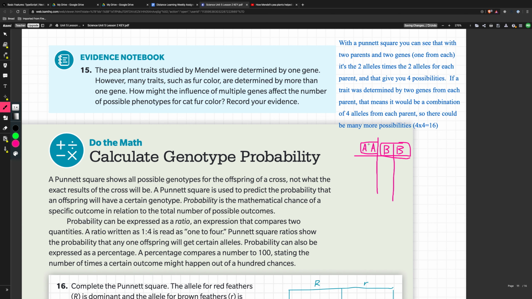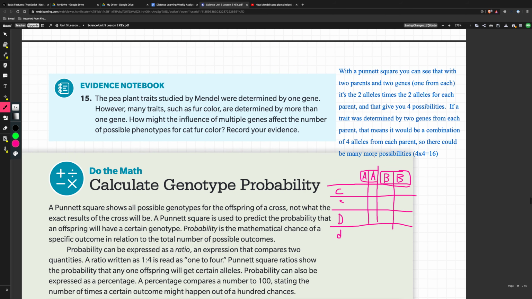And if you were to make one of these little table things for these, then you'd have the other parent, and it has like C, C, D, D. I'm just using random letters. And then you'd split it all up, right? Now that there's two genes, each one has two genes.